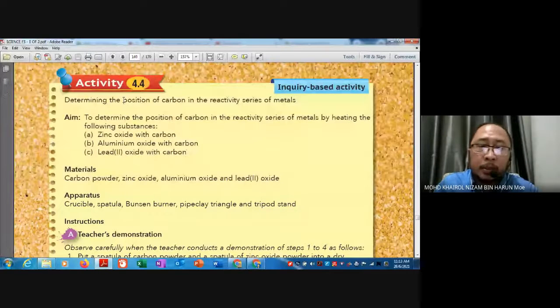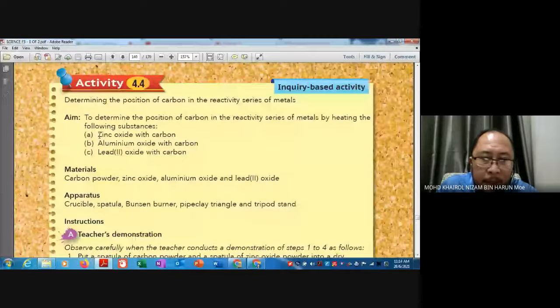The aim of this experiment is to determine the position of carbon in the reactivity series of metals by heating the following substances. The first one, A, is zinc oxide. We react zinc oxide with carbon.